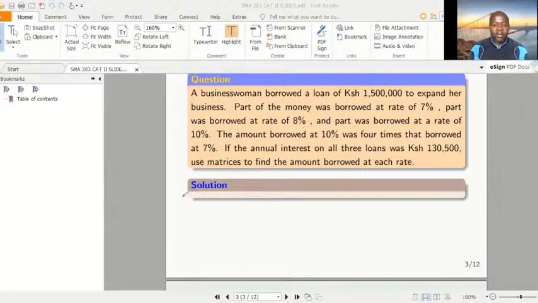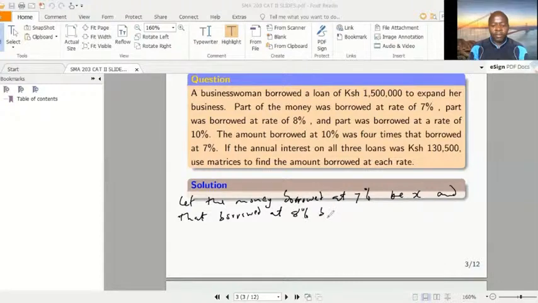We just say that the money borrowed at 7% interest is x, that borrowed at 8% is y, and the money borrowed at 10% is z.